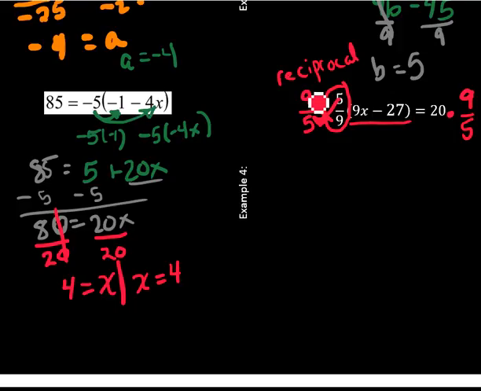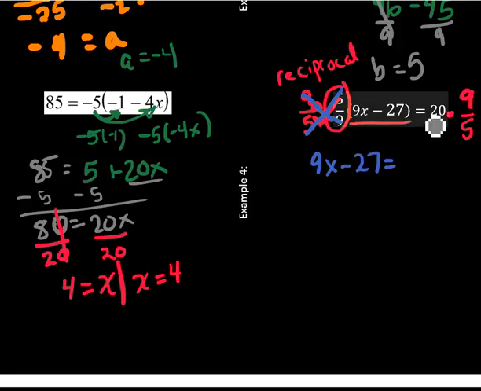So what's going to happen is the 9 cancels out that, 5 cancels out that, leaving me with 9x minus 27 equals, and now we do the same thing with a fraction. I know that 5 can go into 20 4 times, and 4 times 9 is 36. All right, now we just solve the equation. It's not the exact same setup, but it's going to give us the same answer.